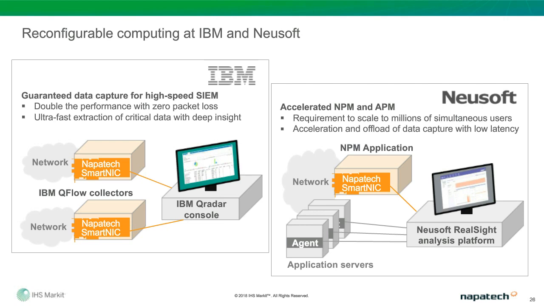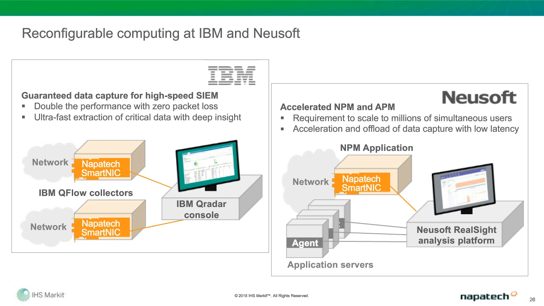And just to give you 2 examples of how we're using that today, one from IBM, and their security information and event management solution. The way a SIEM works is it actually compares the information that it's getting from different security platforms about what's going on from a security point of view with what's actually going on in the network.